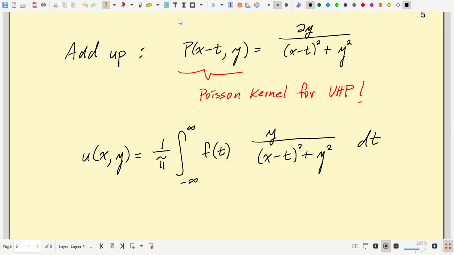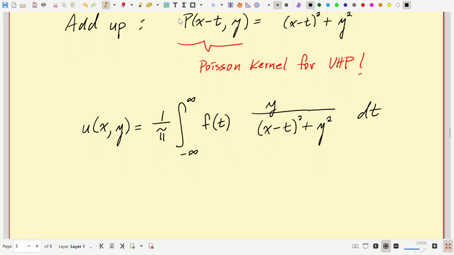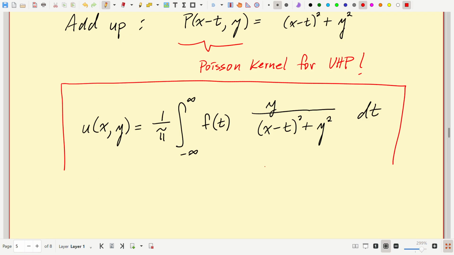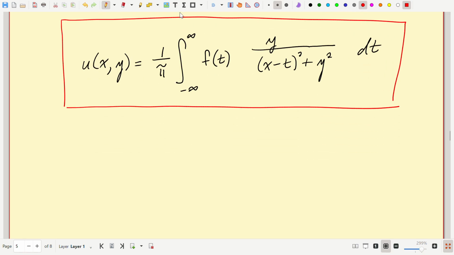A formula for the answer that I guessed using Fourier transform and being extremely loose with the details. But I get this thing. That thing is harmonic in x and y. P of x minus t, y is harmonic in xy on the upper half plane.